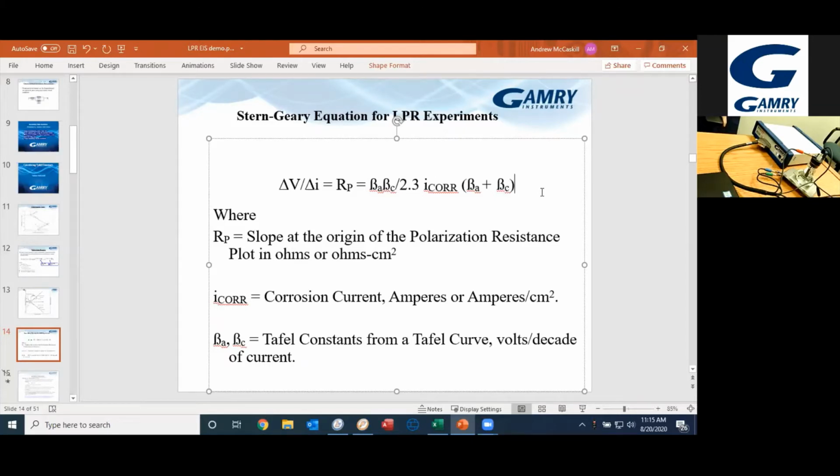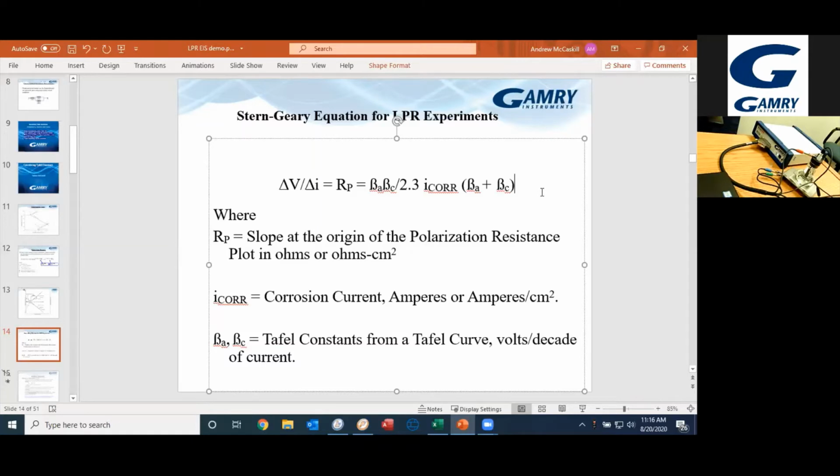But the good thing about the LPR experiment is it's very, very fast. Where we're having to wait a half an hour to gain this data, the polarization resistance we can do in just a few short minutes. So first running this Tafel curve and coming up with what our two Tafel constants are is a good starting point. And then using the polarization resistance technique can be a faster way to increase throughput.